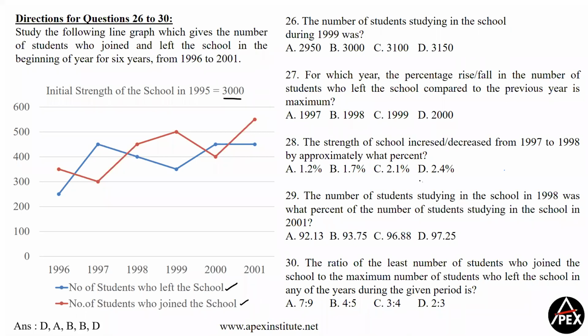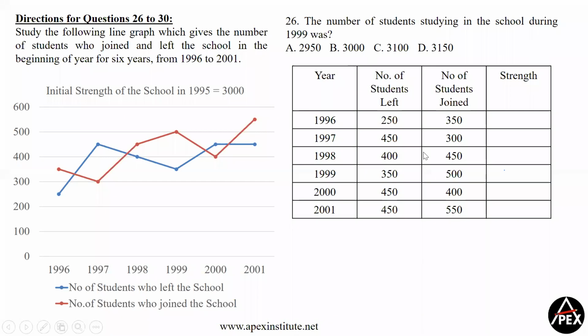Now, what I have done is made a table with the number of students who left in each year and the number who joined in each year. Initially the strength was 3000. Can someone tell me what the strength will be in 1996? 3,100. How do we find that?